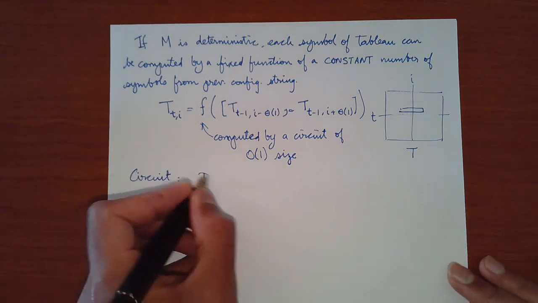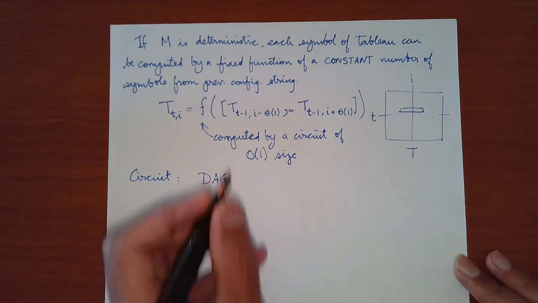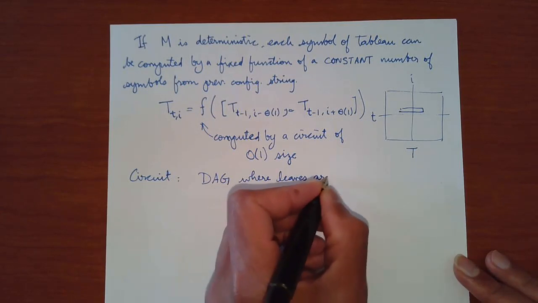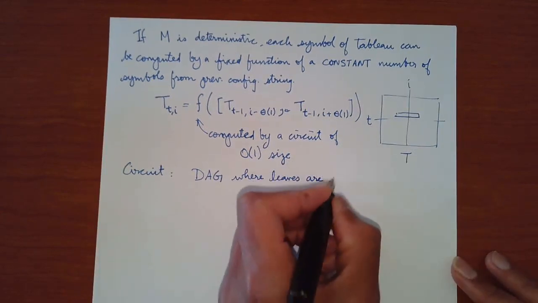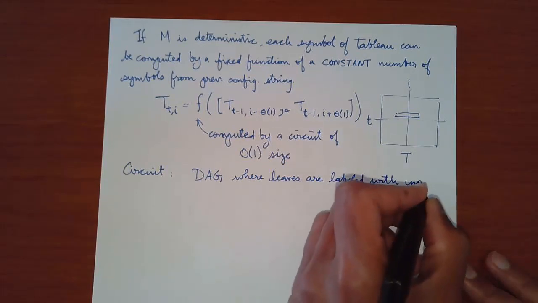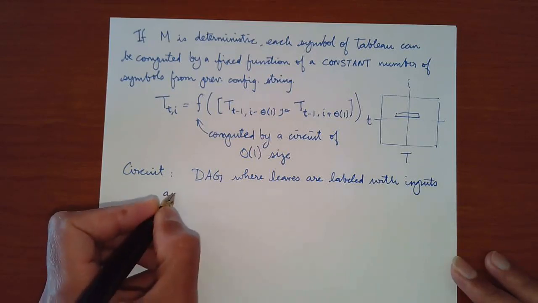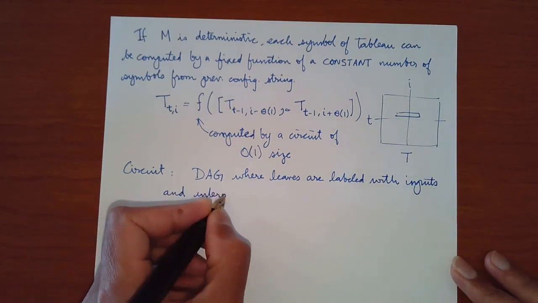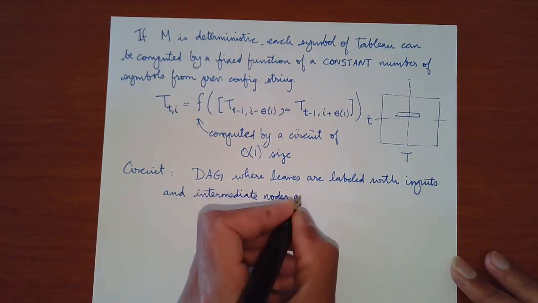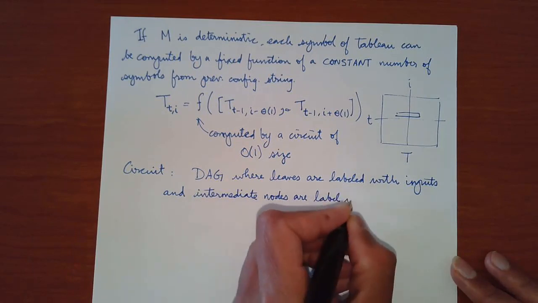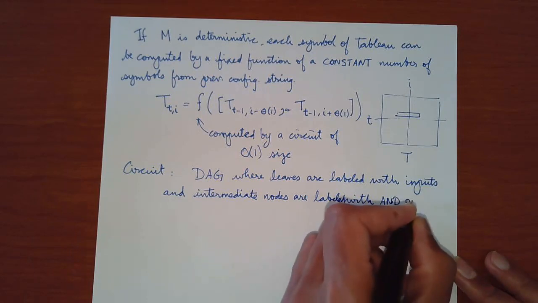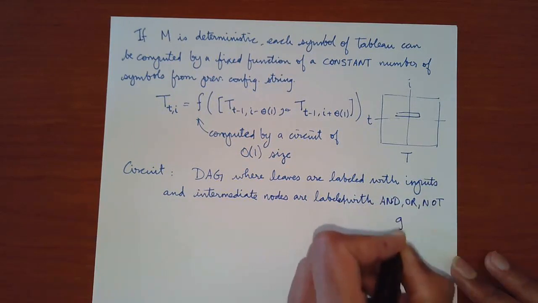A circuit is a DAG where leaves are labeled with the inputs, and intermediate nodes are labeled with AND or NOT gates.